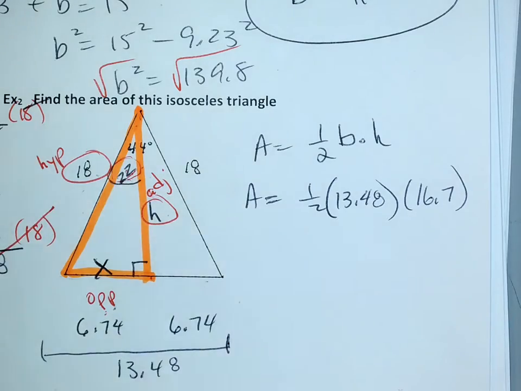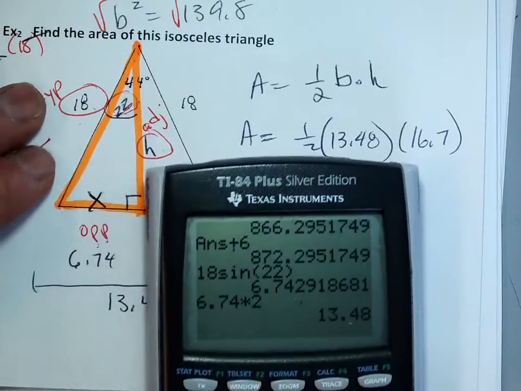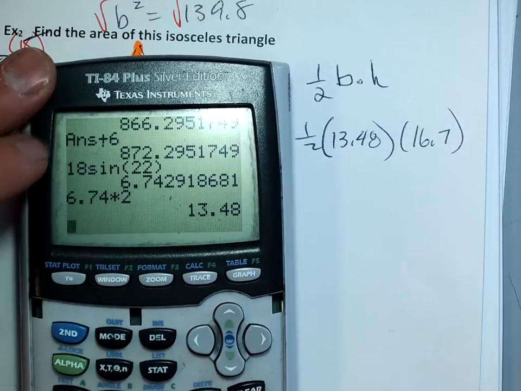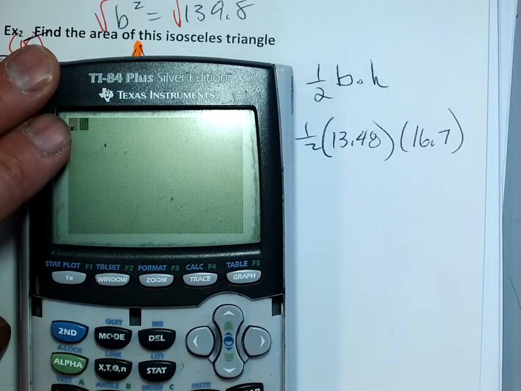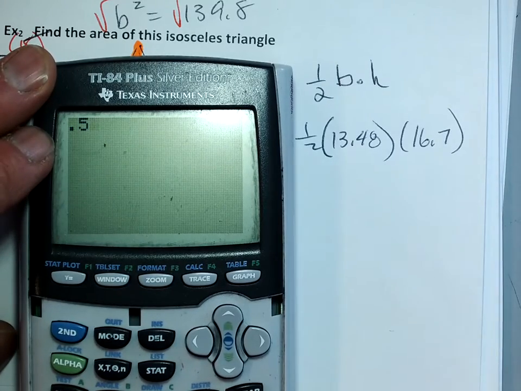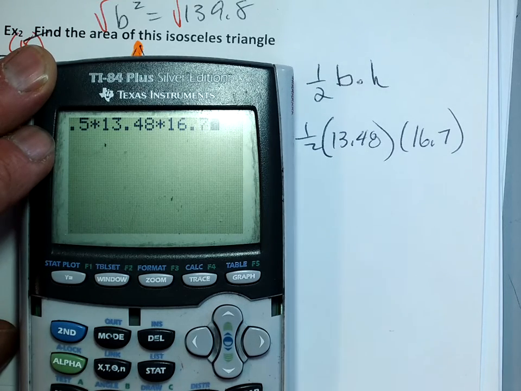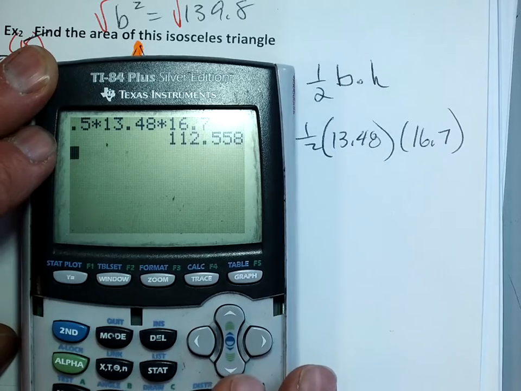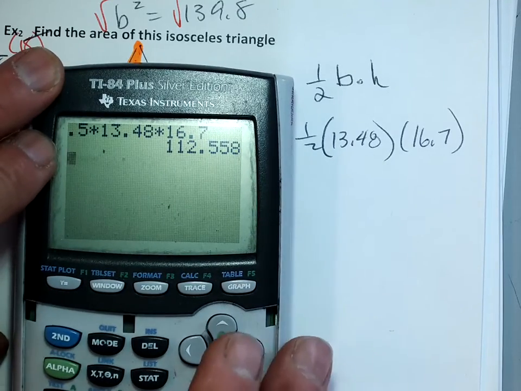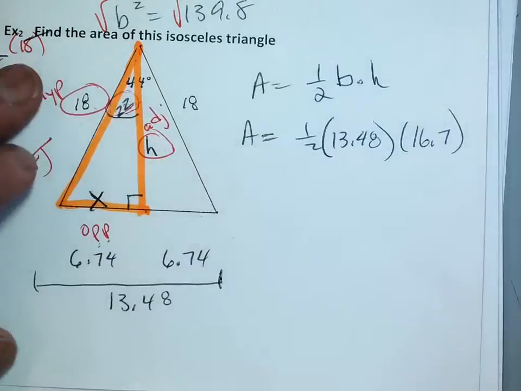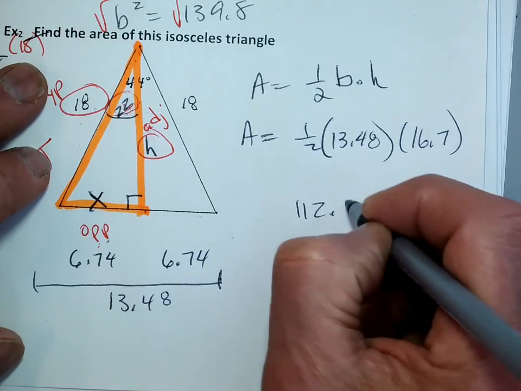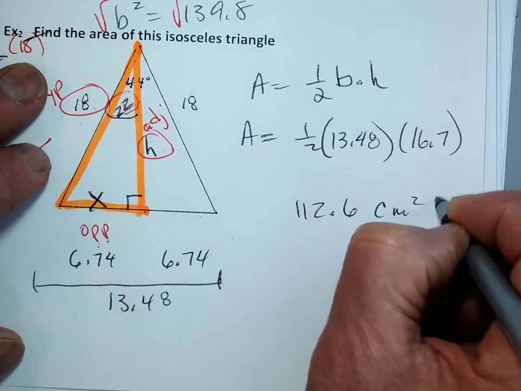Let me put those numbers in my calculator. 0.5 times 13.48 times 16.7, and the area of this triangle is 112.6, we'll say centimeters squared or units squared.